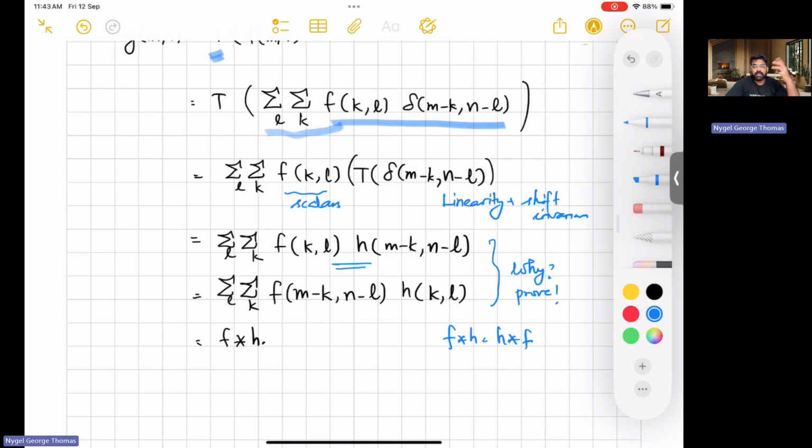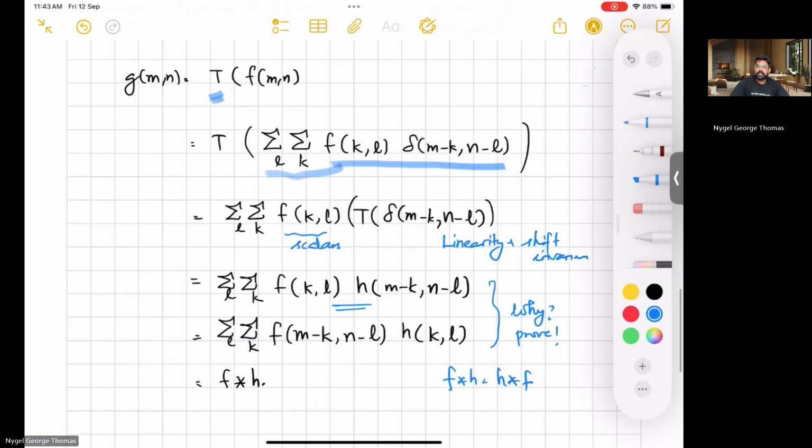This can be proved by a simple change of variable formulation. So this proves that for a linear shift invariant system, if you know the impulse response, then to get the response to a particular function, we basically have to just take the convolution of that function with the impulse response. Okay, let's conclude this lecture here.